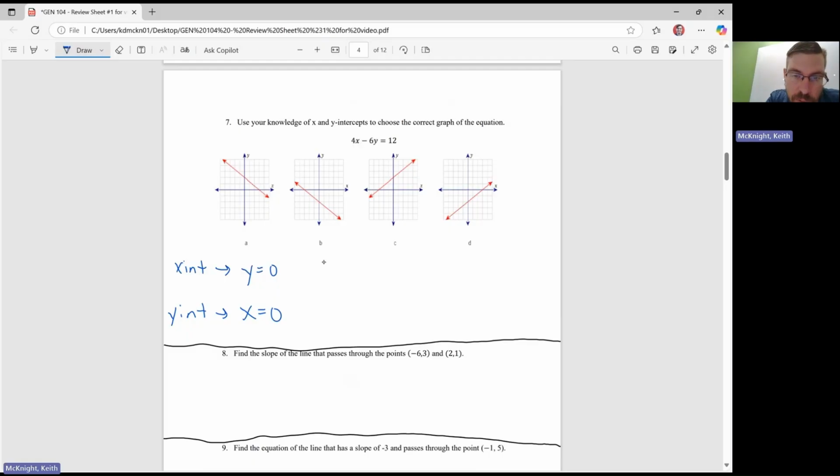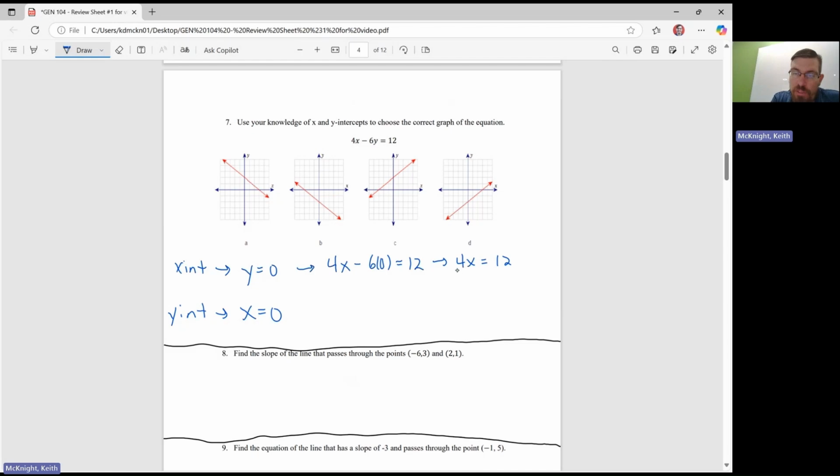So we're going to start with our equation and say, if y is equal to 0, we plug in 0 for y. So it's 4x minus 6 times 0 is equal to 12. Now, 6 times 0 is 0, so that gives us the equation 4x is equal to 12.